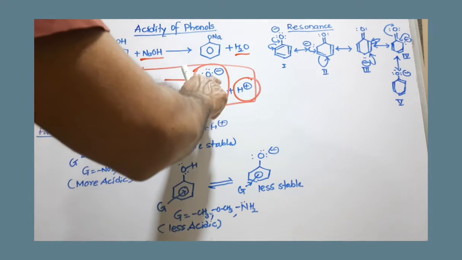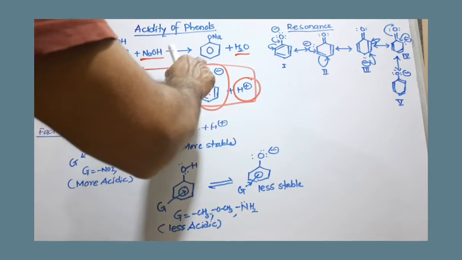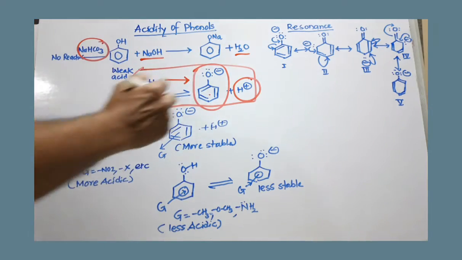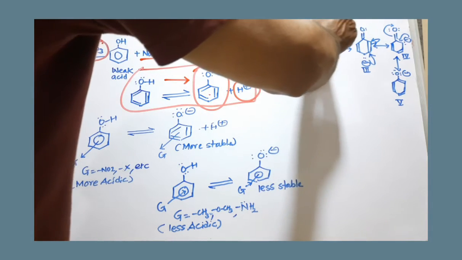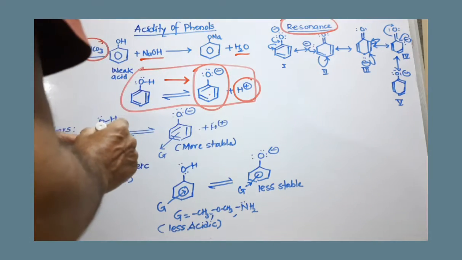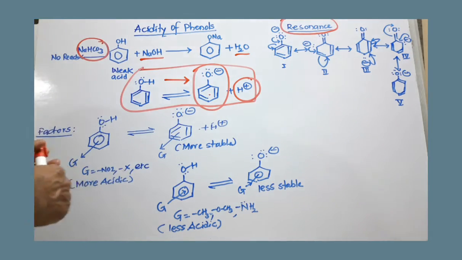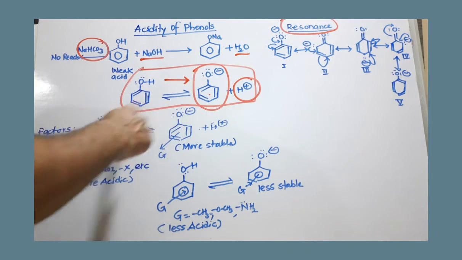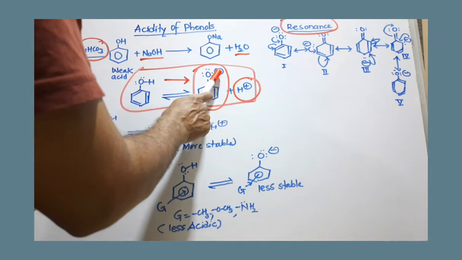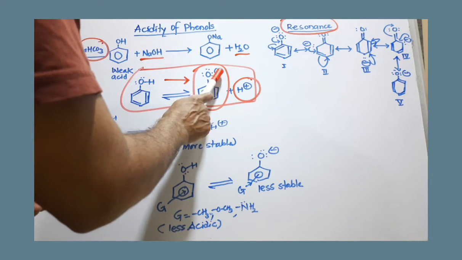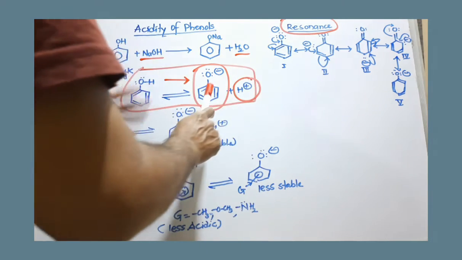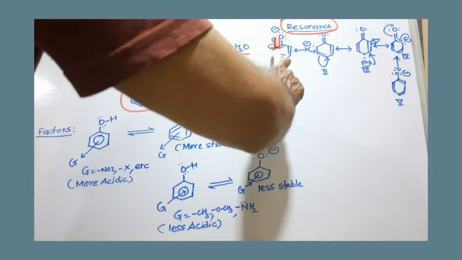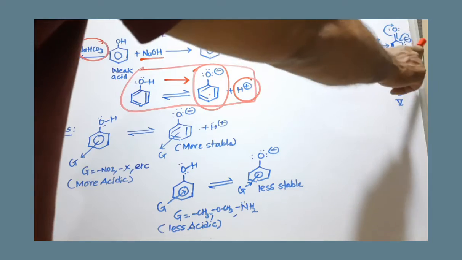Which factor is responsible for increasing the stability of this phenoxide ion? First of all, we'll see resonance. If resonance is there, it can increase the stability of this phenoxide ion by delocalization of the negative charge. You can see here, this phenoxide ion can give 5 resonating structures where the negative charge is delocalized.